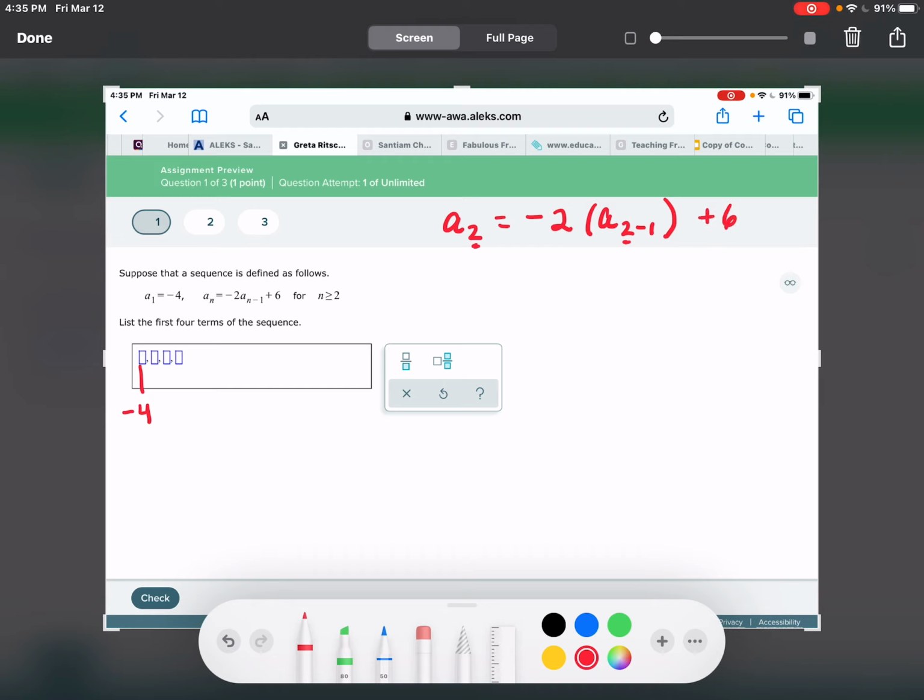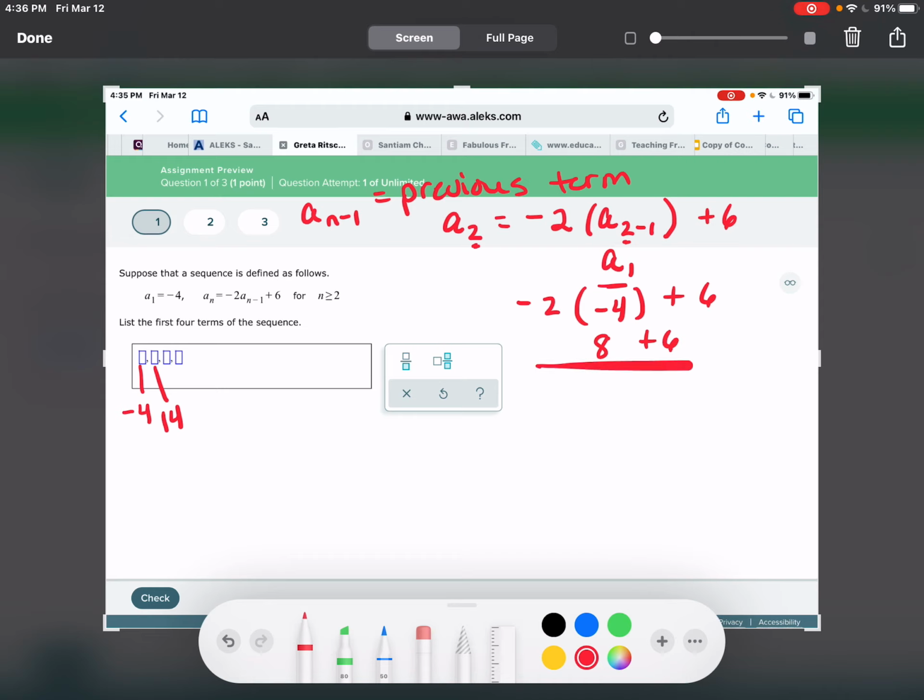Now, a sub n minus 1 is actually just asking us for the previous term. So see how that is. 2 minus 1 is 1, so a sub 1 is -4, which is our previous term. In this case, we have -4 times -2 plus 6, so we have 8 plus 6 is +14.